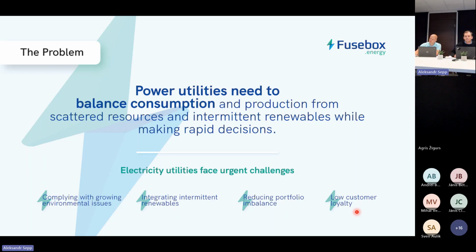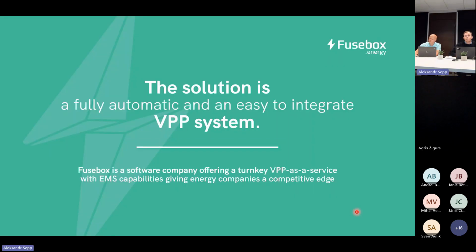to manage their loyalty. As I have already mentioned, we really use it on a daily basis: virtual power plant as a service together with our clients. But not only that, we develop it further into an EMS system for the assets.